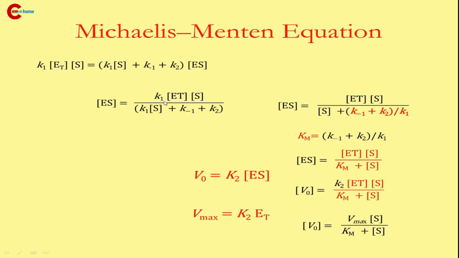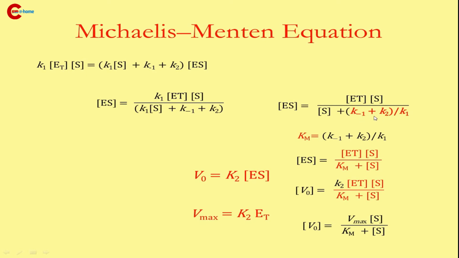ES equals K1 ET into S divided by K1 into S plus K minus 1 plus K2. We can simplify further by combining the rate constants into one expression: ES equals ET into S divided by S plus K minus 1 plus K2 divided by K1.